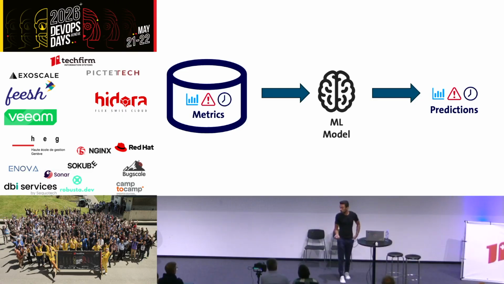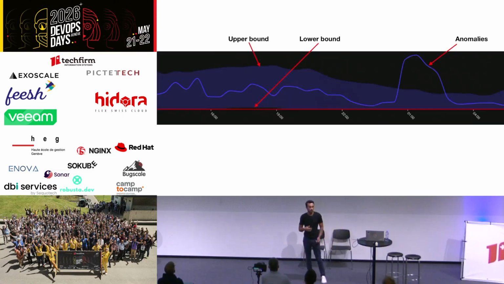So once we have predictions, well, the next obvious step is anomaly detection. So you're going to have in our front end, this is a screenshot from the front end, you're going to see basically the observation, meaning what was the metric, and then the borders are what the machine learning model predicted. So it's not predicting a single value, it's always predicting a range, meaning it says probably it's going to be between this lower and upper bound.